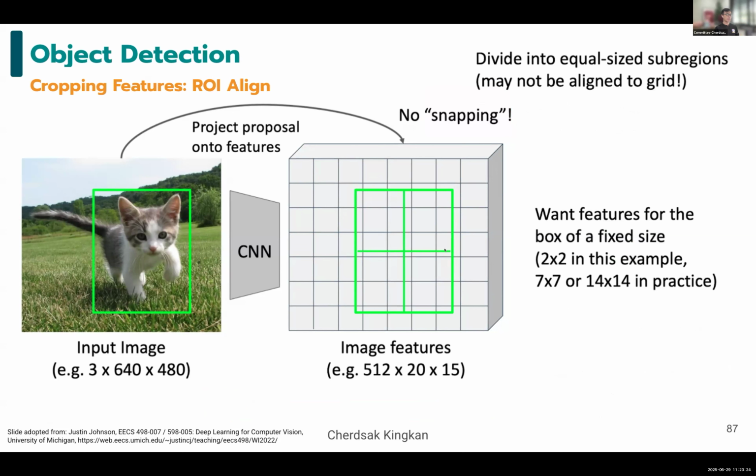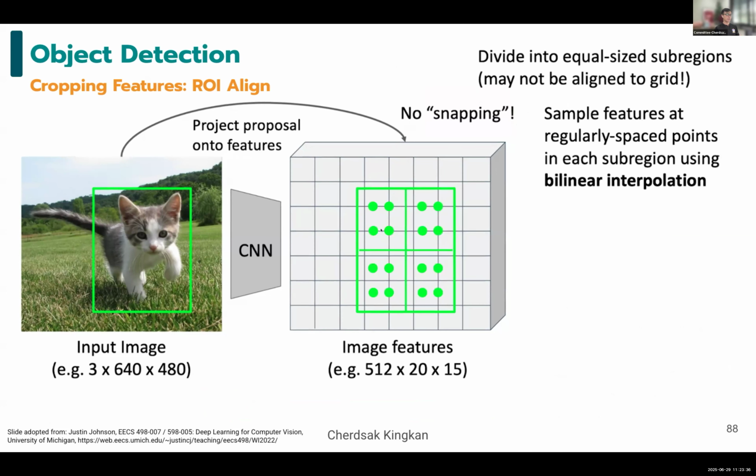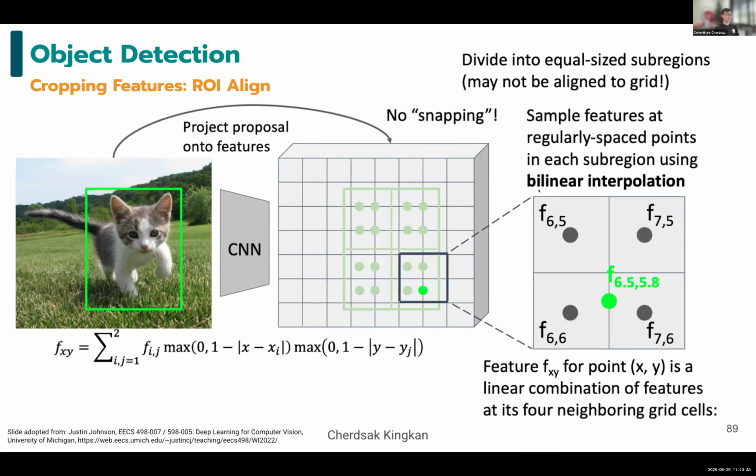We just project it, and then we divide this area into equal-sized sub-areas first. Then we sample a point in each sub-region, for example by using bilinear interpolation. You sample the point over here, and for this point you want to find a value.